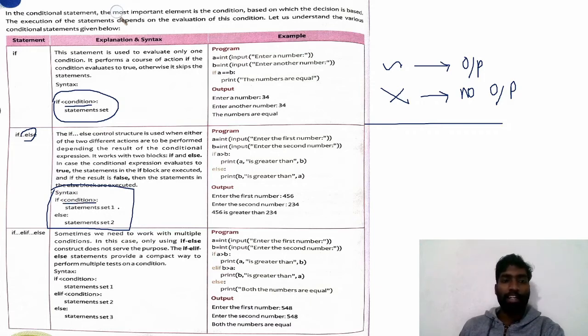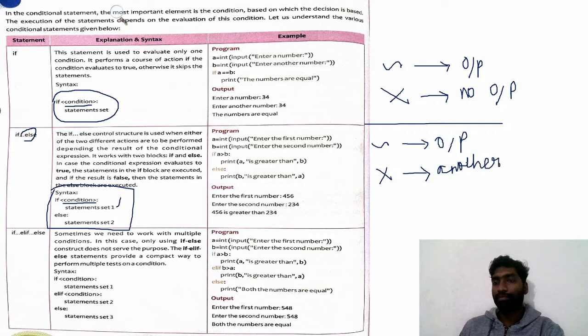If the condition is true we will get one output, if the condition is false we will get another output. For your understanding I am saying another output, but that is not the exact word.